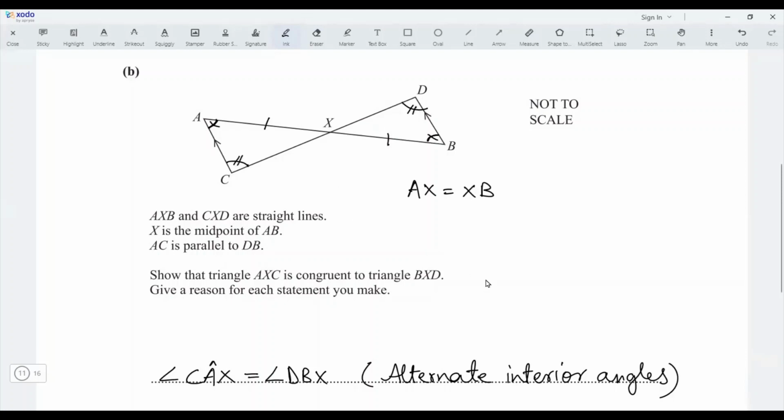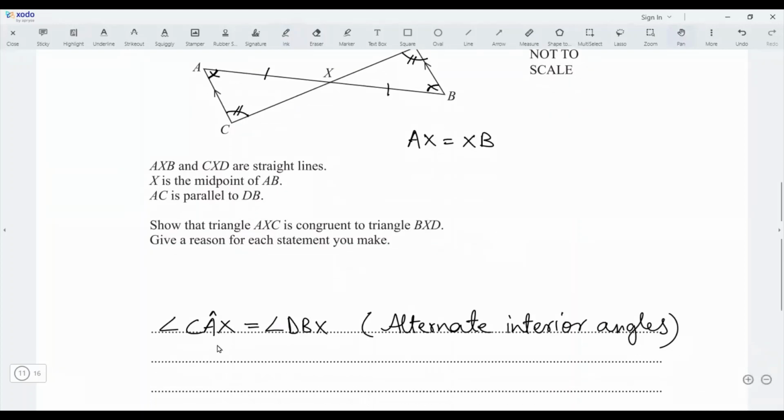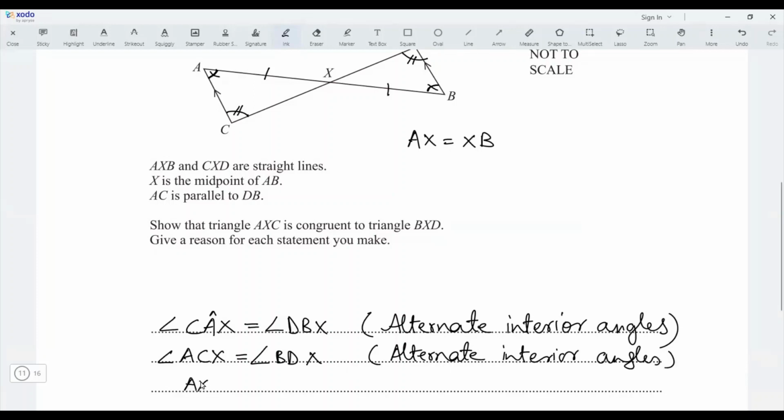Angle ACX is equal to angle BDX. So the same property, alternate interior angle property. The last information we can write down is AX equals XB, which is already given. So the last information is side AX equals BX, or XB, the same thing.